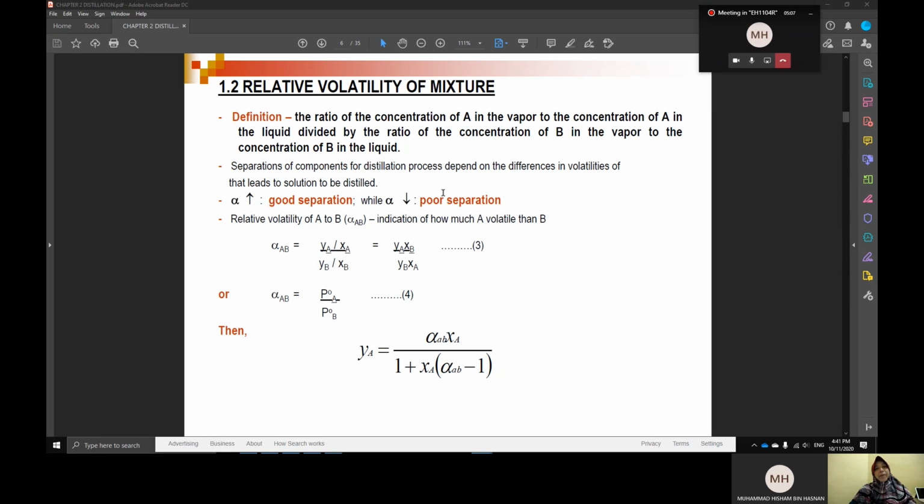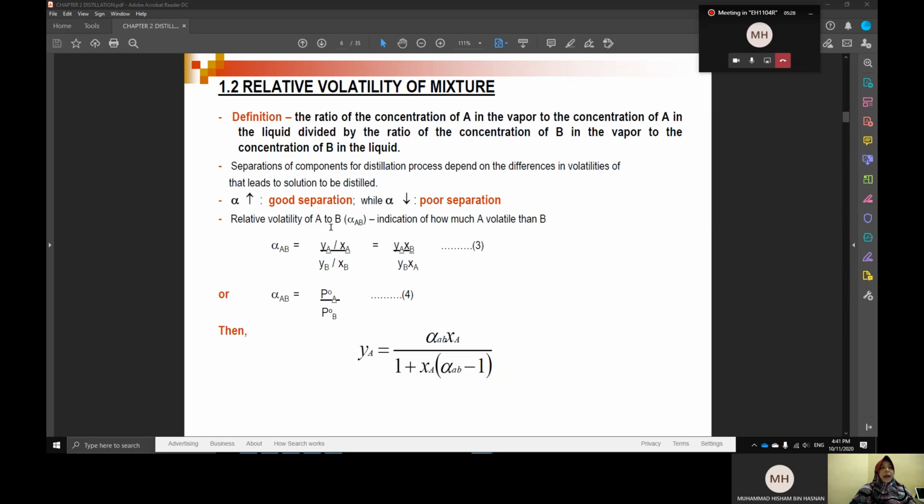You can have multiple components, no problem, but for your level, we just want to discuss a binary mixture only. So you have the ratio of concentration of A in the vapor to the concentration of A in the liquid.